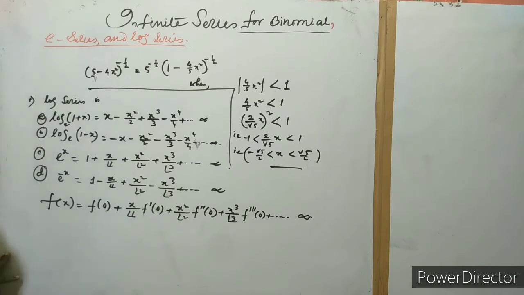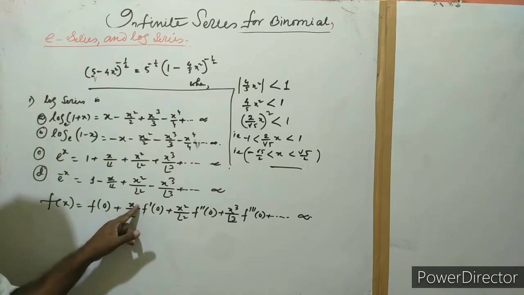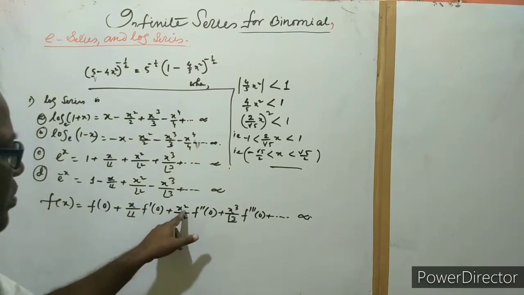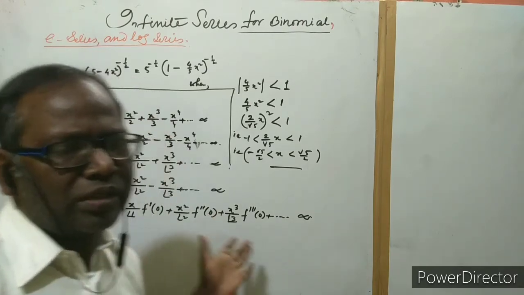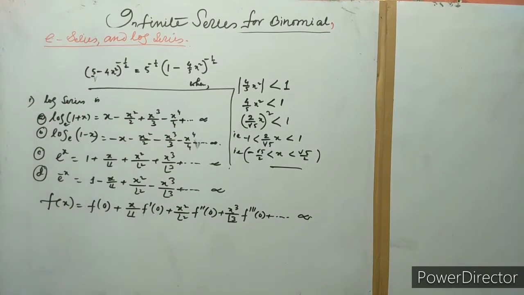Actually, this is a part of the Taylor series. In case of Taylor, f of x is equal to f of a plus x minus a times f dash a, plus x minus a whole square times f double dash a, and so on. In place of a, we put 0 here, then this series is called the Maclaurin series. So just this point is the only important one for that.